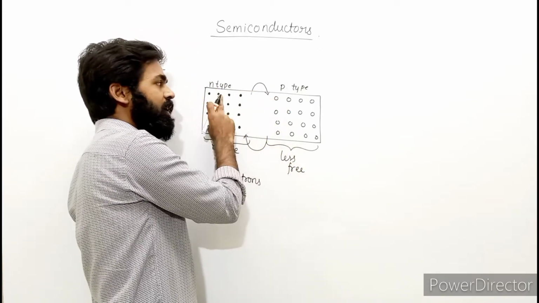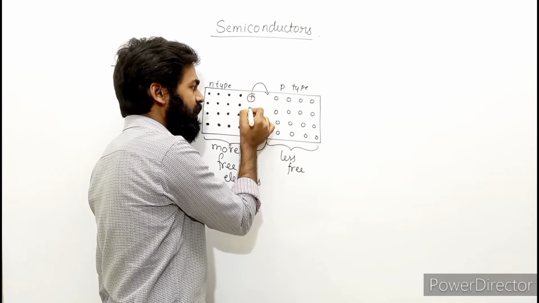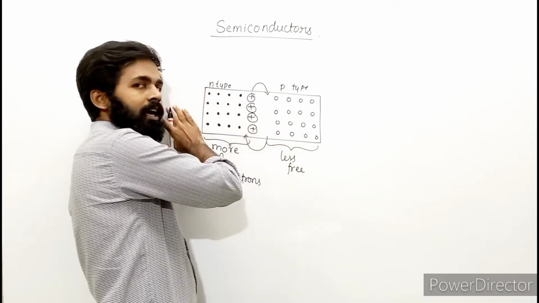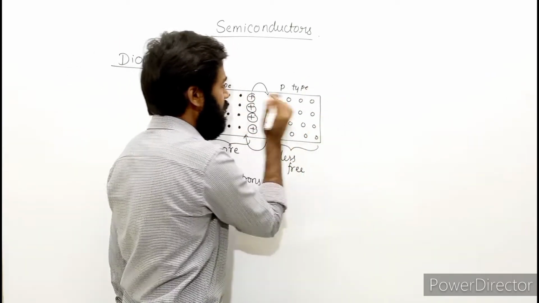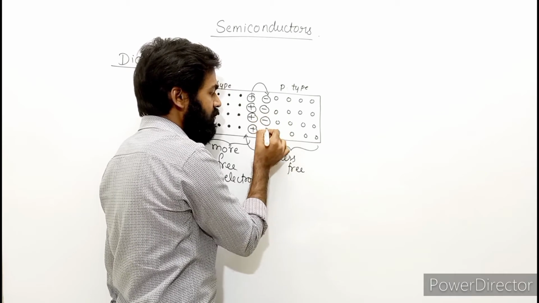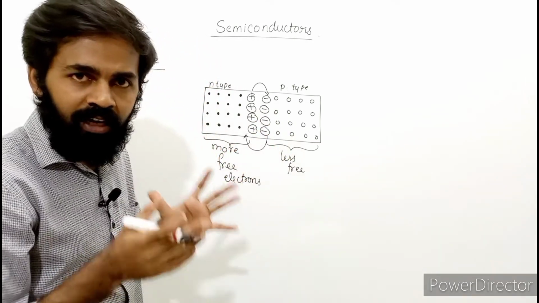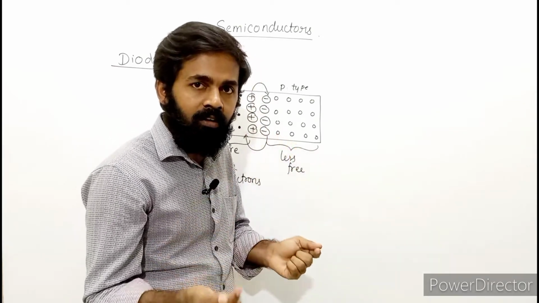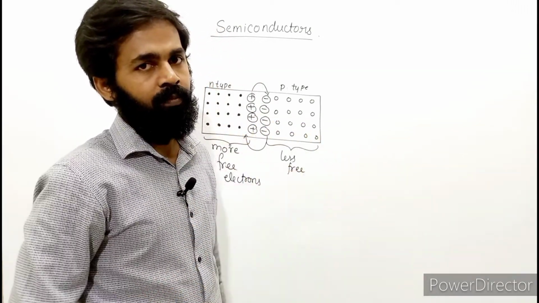See, holes are coming towards N-type, so positive ions are formed here. And free electrons are coming here, it means negative ions are formed. So instead of free electrons and holes, the ions are formed when electrons and holes recombine.